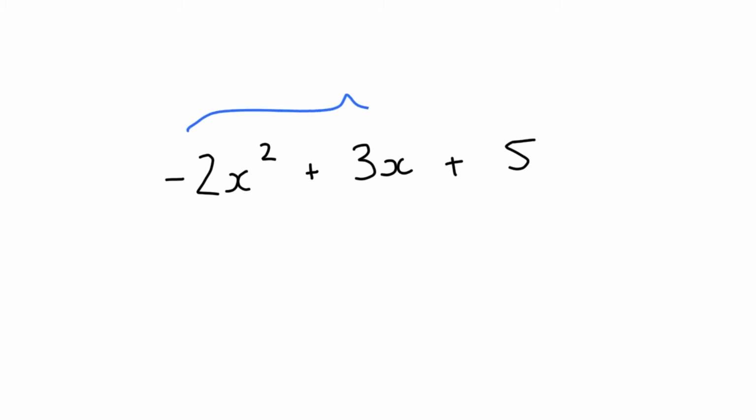Let's look at another example. So we could have -2x squared plus 3x plus 5. So this entire thing is called a polynomial. But again, the polynomial is made up of different terms. You want to look for subtraction or addition signs that'll break it up.